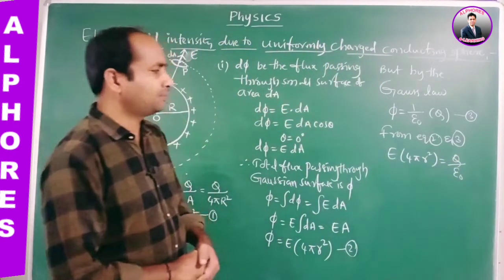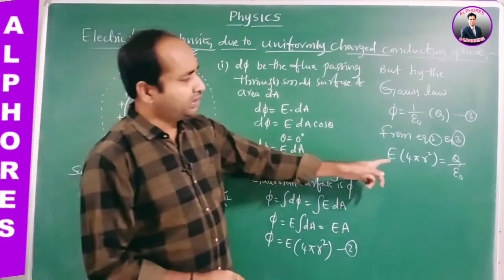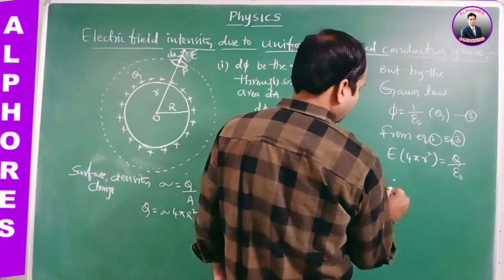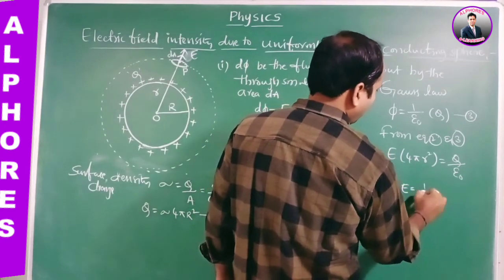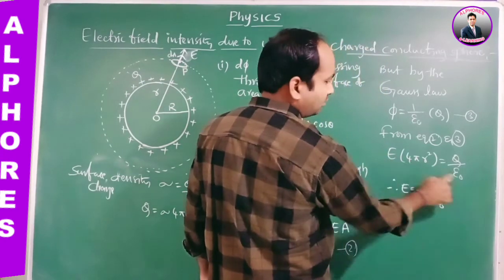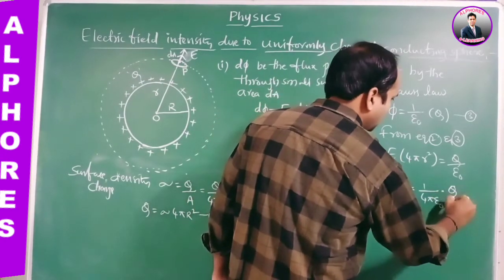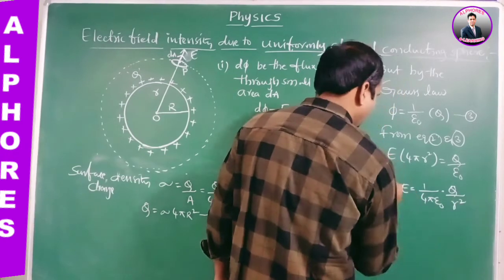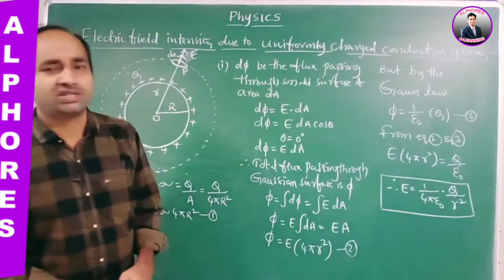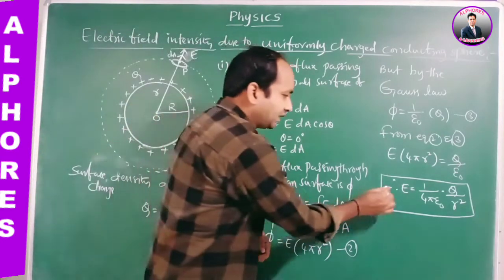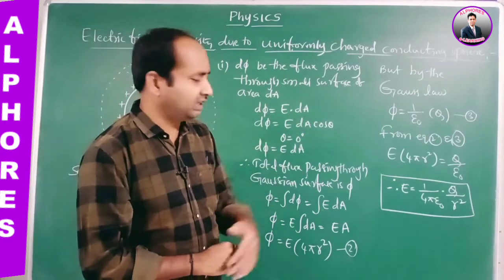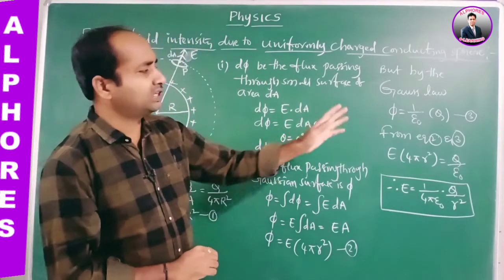Therefore E is equal to 1 by 4 pi epsilon naught, Q by r square. This is one of the expressions for electric field intensity at any point outside the spherical shell.